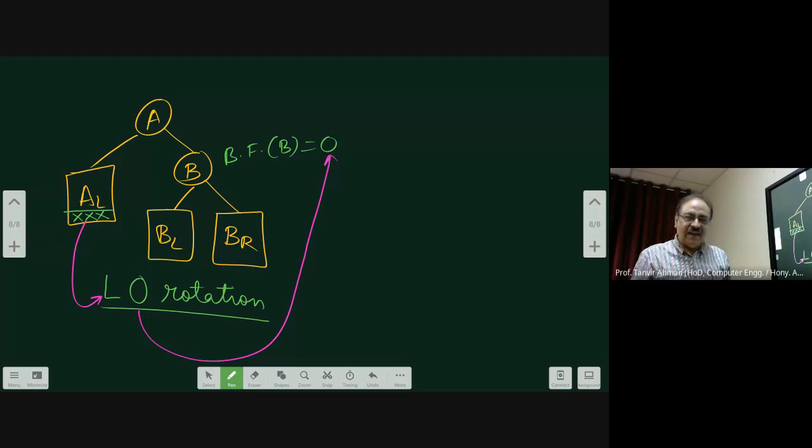Now, why do I say left? Because the balance factor of A has now changed. Sorry, it has now changed to minus. Initially, the balance factor of this was -1. Because BL height, BR height was same. But right now, it has changed to -2.